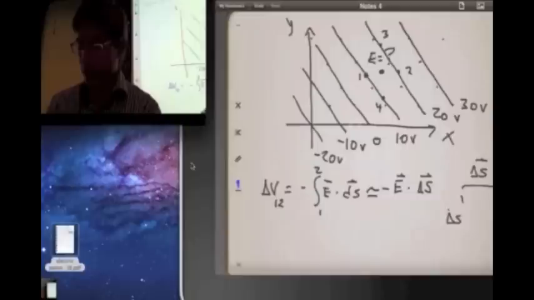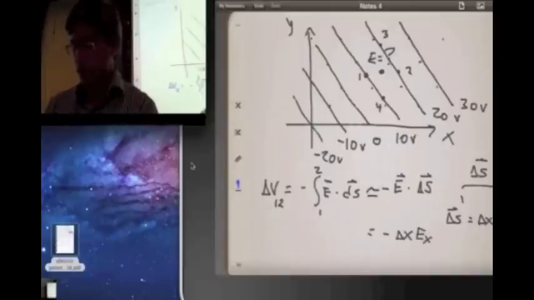So this number that I have here will be minus delta x E sub x, because E dot i is E sub x. And delta x is just a constant number, a scalar.